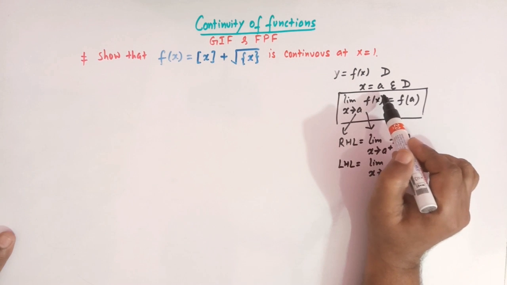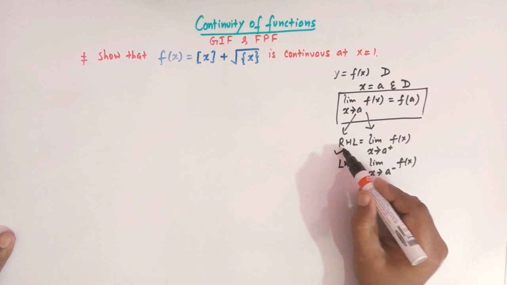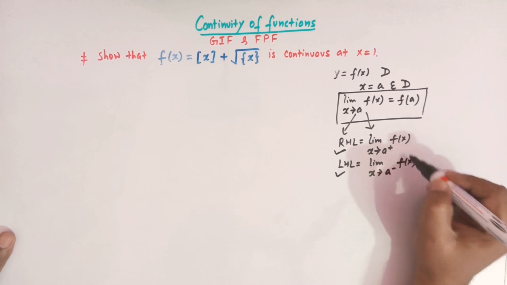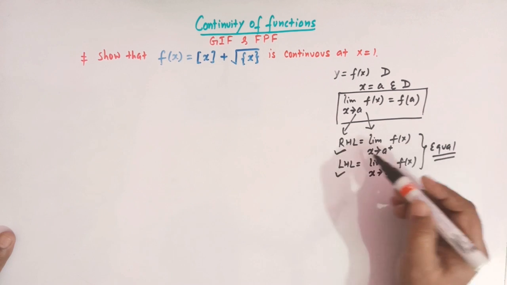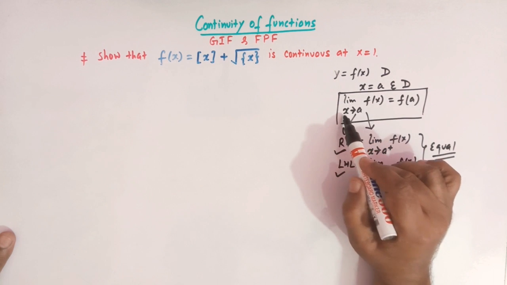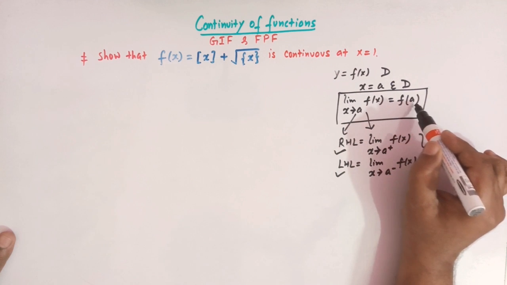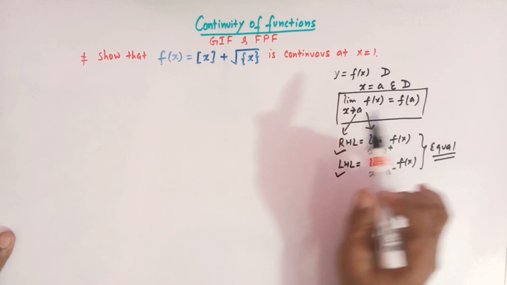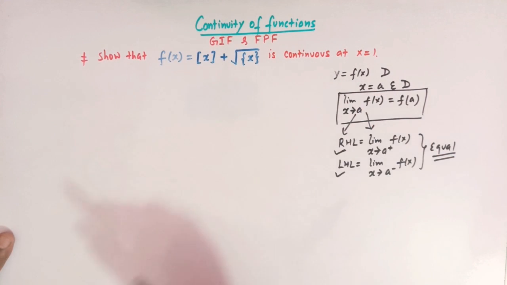For the limit to exist, these two limits must exist, they must be finite, and both should be equal. Once the right hand limit and the left hand limit are equal, we can claim that limit x tends to a f of x exists. Then we'll find f of a, and if both these quantities are equal, we can claim that the given function is continuous at the given point.